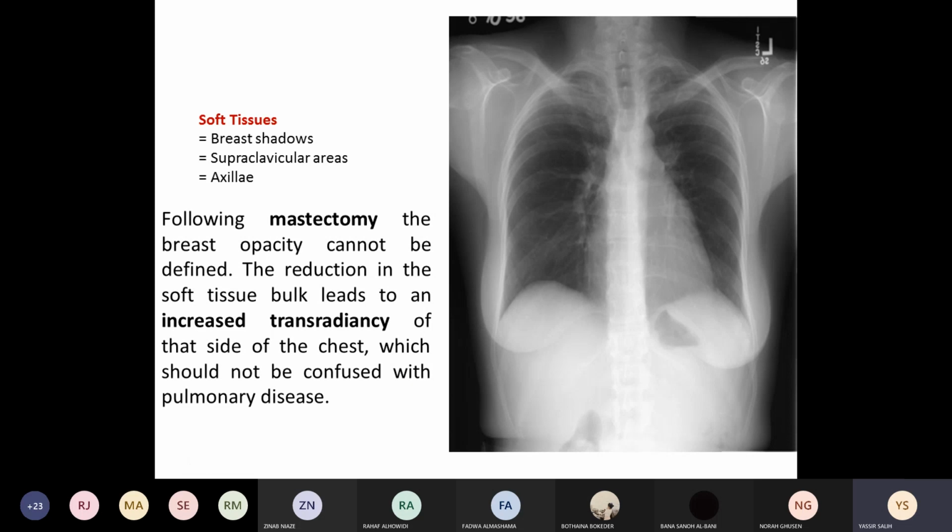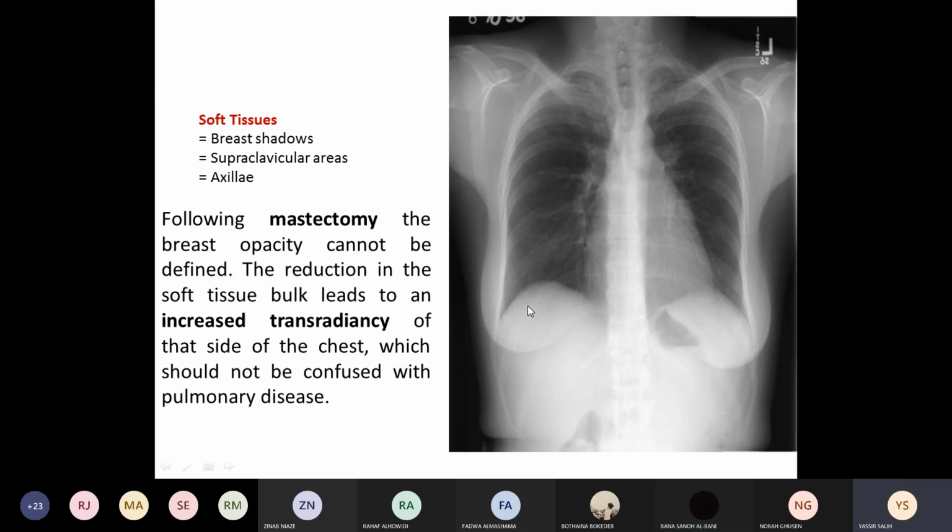Anyone? If we remove this breast, how about the density on this side? More black.